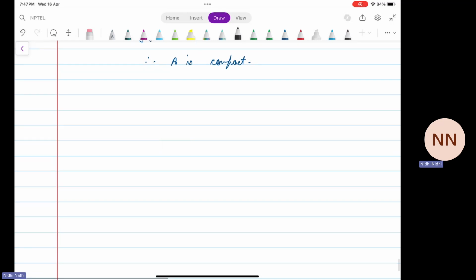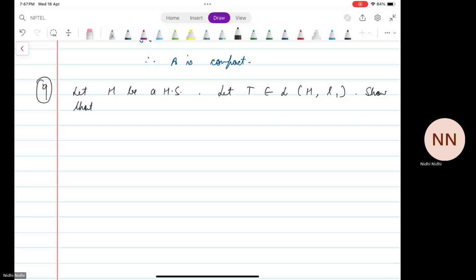This is question number 9. Let H be a Hilbert space. Let T belonging to the space of bounded linear operators from H to L1. Show that T is compact. Here we will be using Schur's lemma, which says that in L1, a sequence is norm convergent if and only if it is weakly convergent.